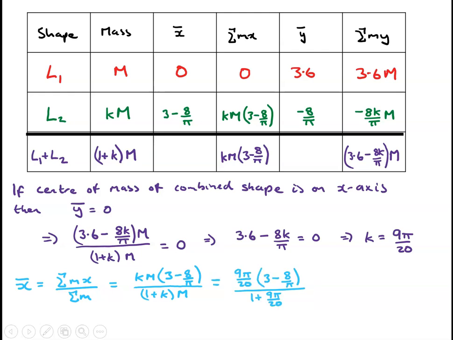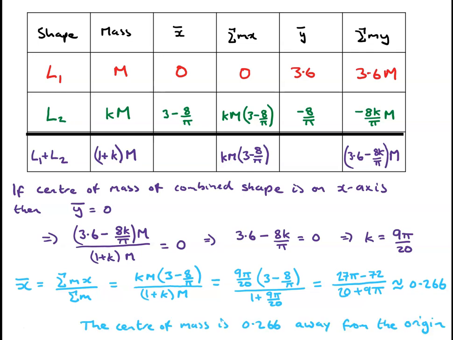So we've got 9 pi over 20 times (3 minus 8 over pi), all divided by 1 plus 9 pi over 20, which, if I simplify it as an exact answer, is (27 pi minus 72) over (20 plus 9 pi), approximately 0.266. So we can say that the centre of mass is 0.266 away from the origin.